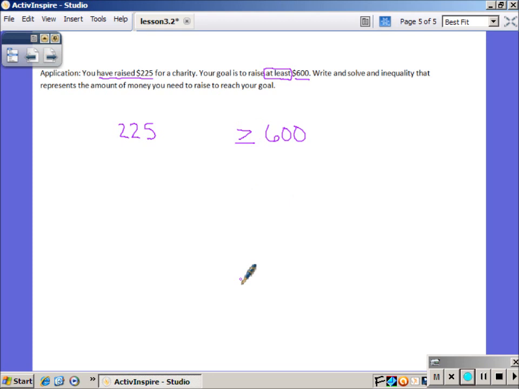How much more money do we need to raise? Well, we need more, so we would have to add something on to that. Well, there's our addition problem. Therefore, we will solve. So to get our x by itself, subtract that $225 that we already have from the 600 that we want to be at.